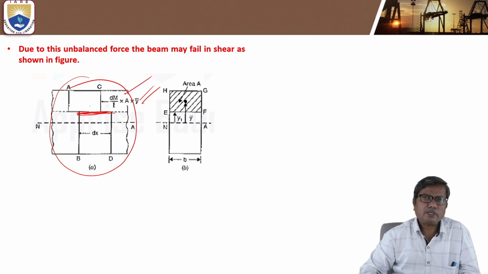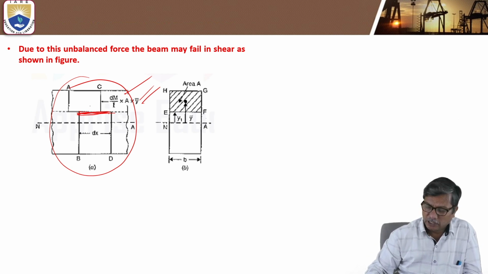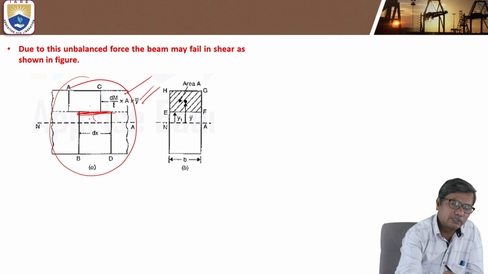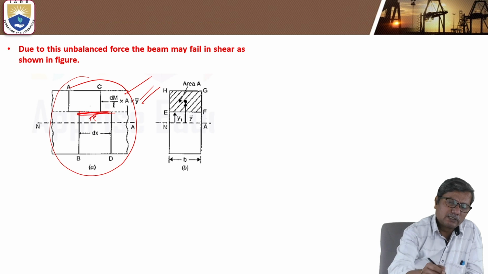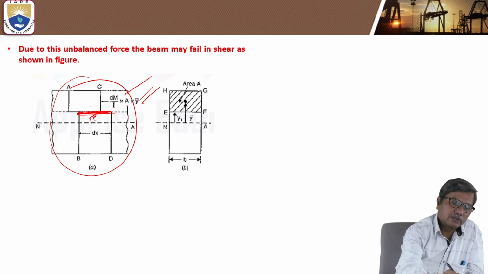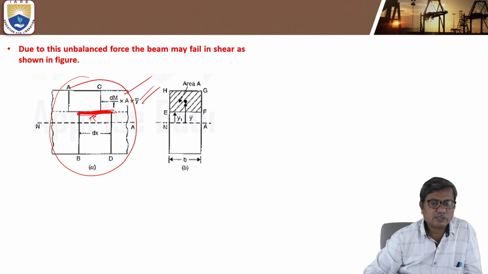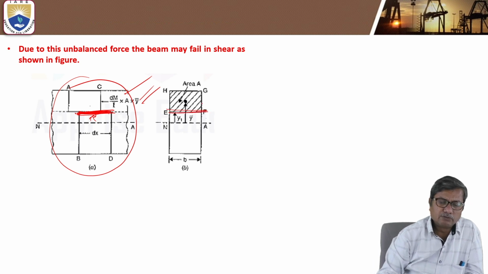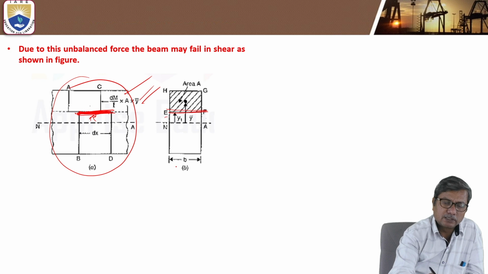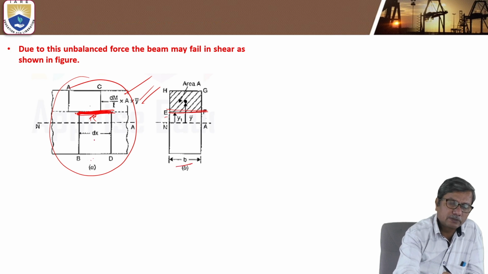Let tau be the shear stress at this interface. Then the shear resistance offered by this cross section at level EF, which is of area B into dx, is tau into B dx.